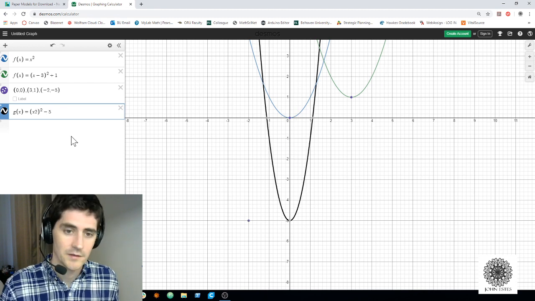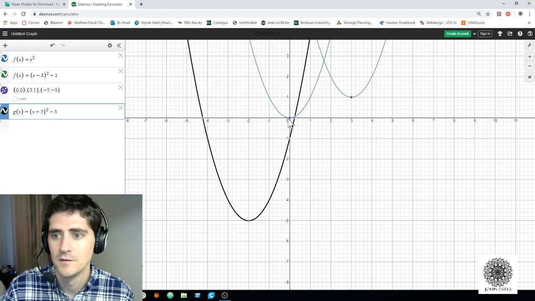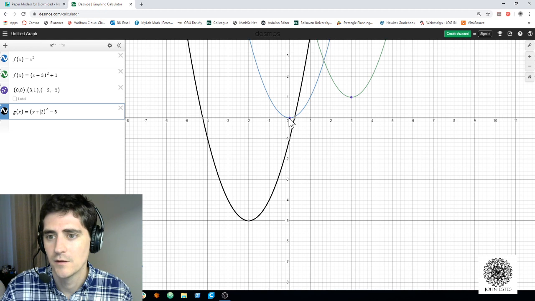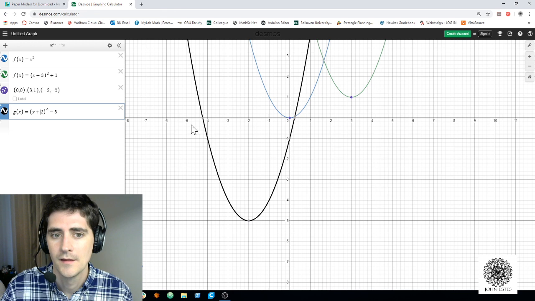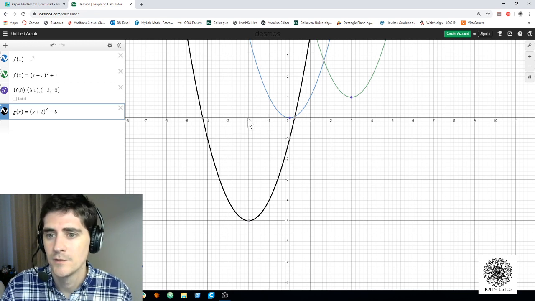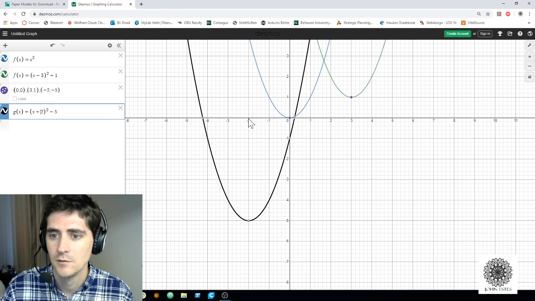Which means x plus 2. My h was negative 2. I shifted over from 0, 0, 2 units to the left in the horizontal direction. And k was negative 5. I pushed my graph down 5 units. So I started out with this blue line, and then I just pushed it over 2 left, 5 down, and there's my new function.